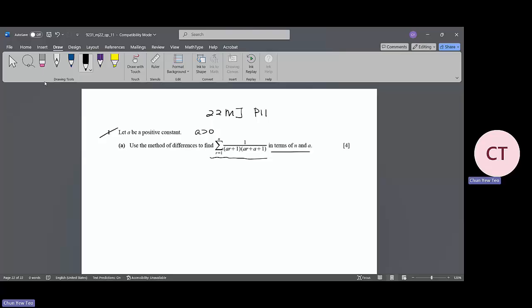For these questions, we know that we need to use partial fractions. So we take this expression out and do the partial fractions.